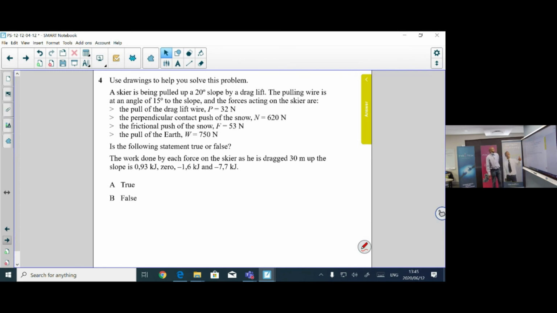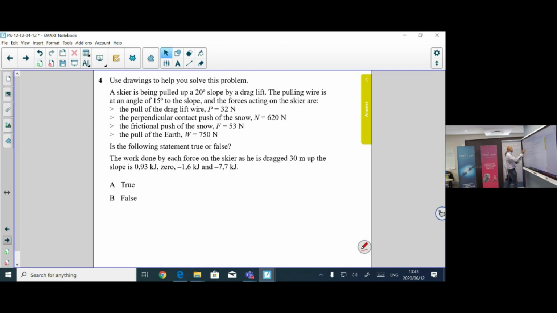Is the following statement true or false? In other words, you have to calculate for the first one whether you're going to get 0.93 or not. The second one, remember for perpendicular, we spoke about each and every angle in perpendicular, which is 0 degrees.